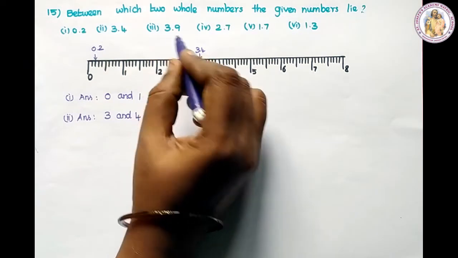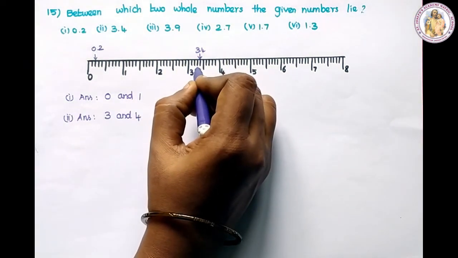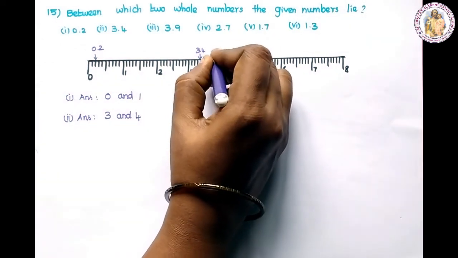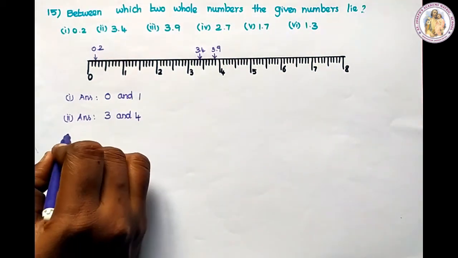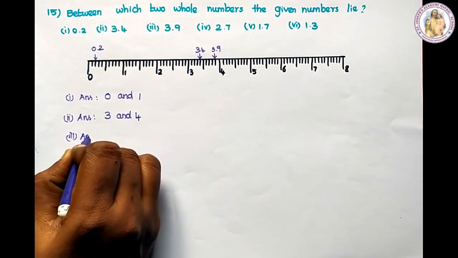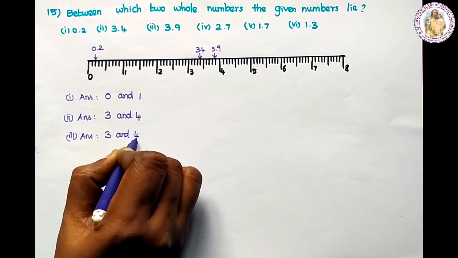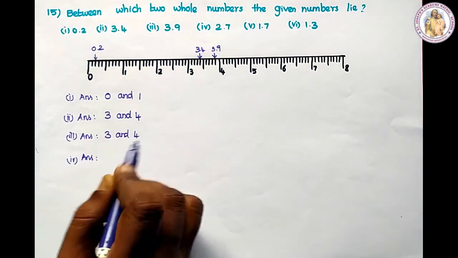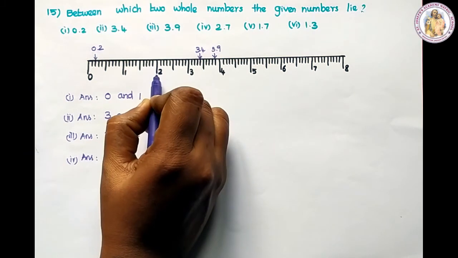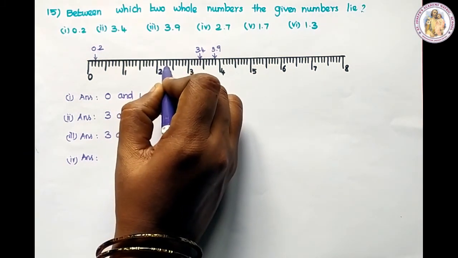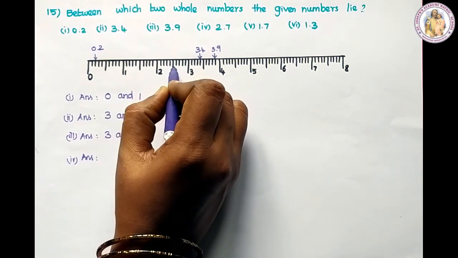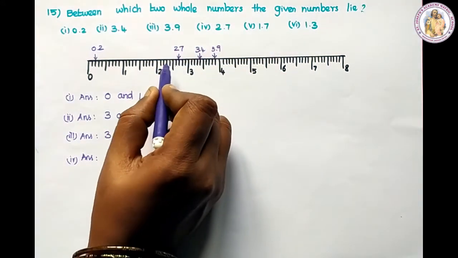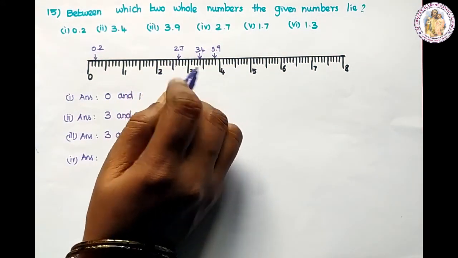Next one 3.9. Listen, 3.1, 3.2, 3.3, 3.4, 3.5, 3.6, 3.7, 3.8, 3.9. Here 3.9 lies in between 3 and 4. Fourth one 2.7. Listen, 2 is here, 2.1, 2.2, 2.3, 2.4, 2.5, 2.6, 2.7. So 2.7 lies in between 2 and 3. Right?